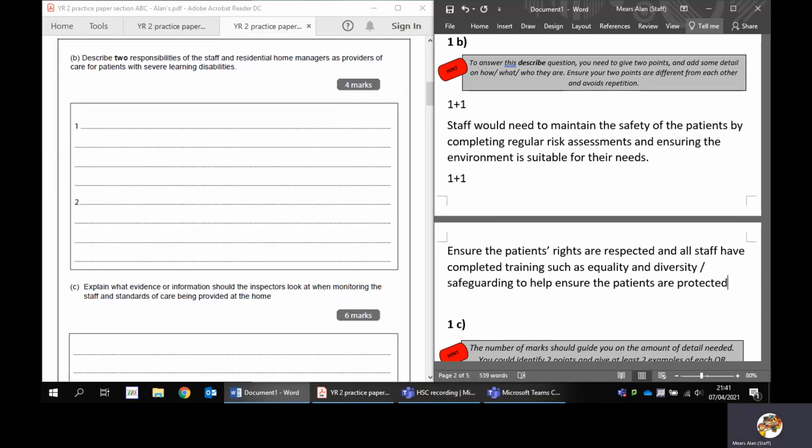Again, we've given a reason: all staff have to complete training in equality and diversity, and obviously make sure their CPD is up to date.